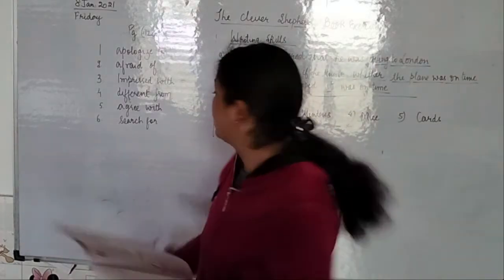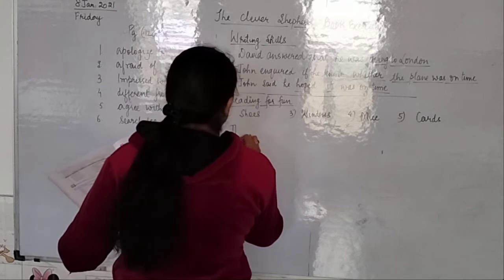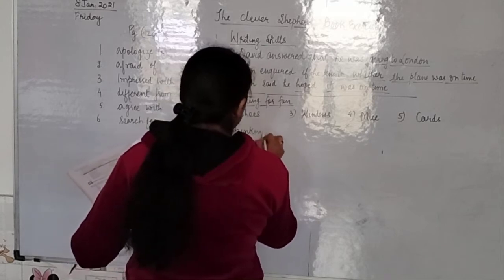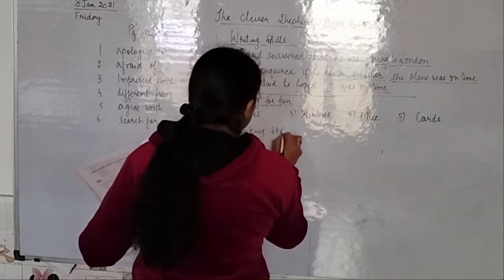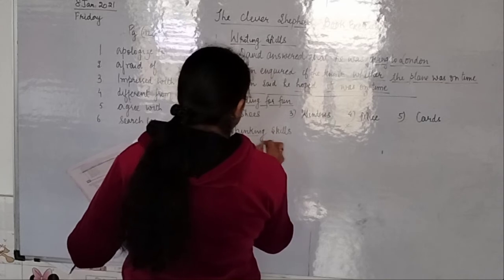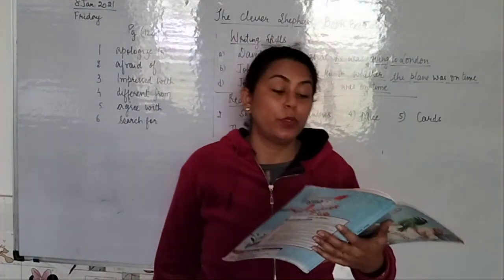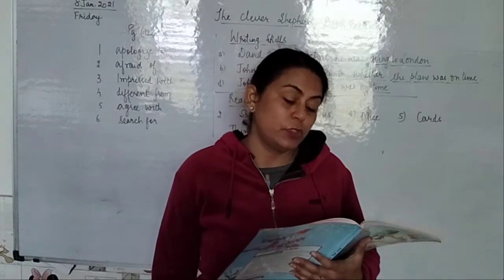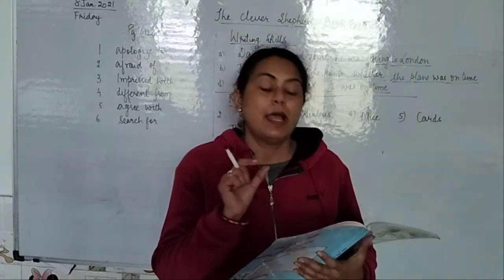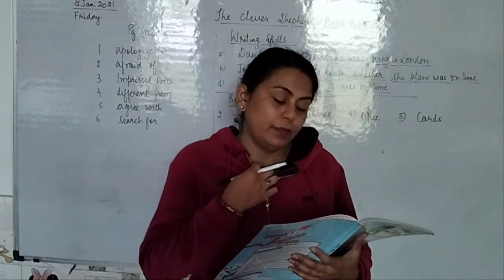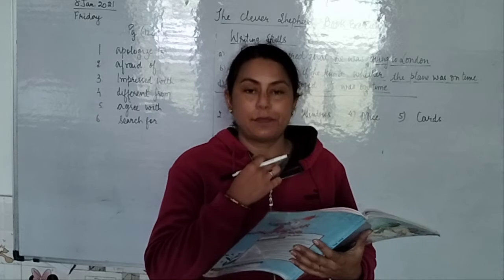Now thinking skill. Write the missing group to complete each pattern. इसमें बच्चे पैटर्न दिया हुआ है and we have to just read the pattern, understand it and fill the gaps.